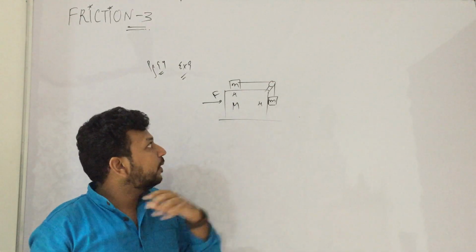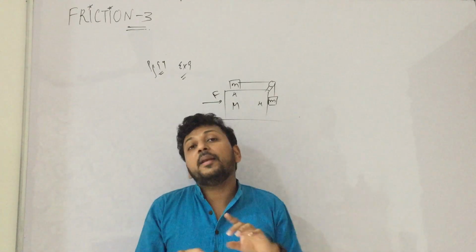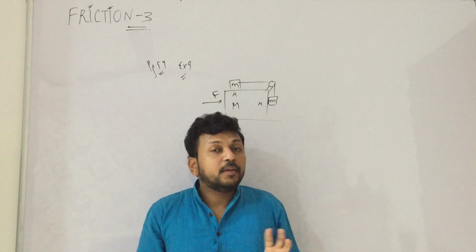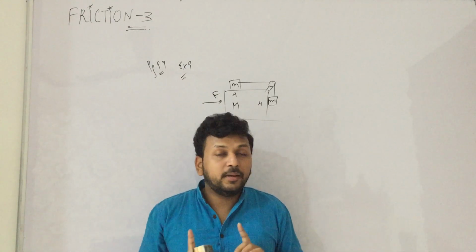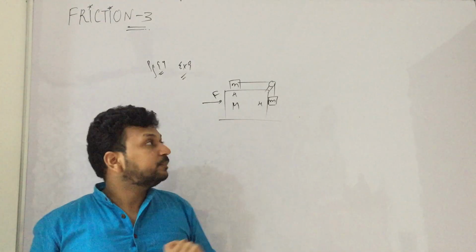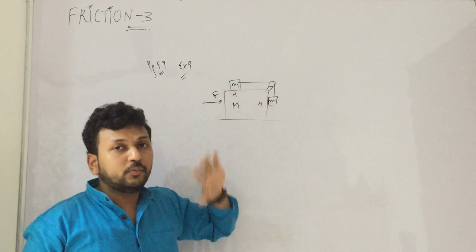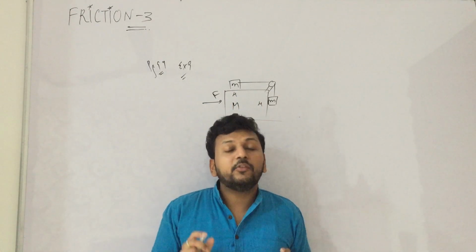So you can take it as a combined FBD. You can consider small m, capital M and small m as one entity because there is no relative motion between them. You can write net force is equal to mass into acceleration. Second, you will draw the individual FBD of small m.